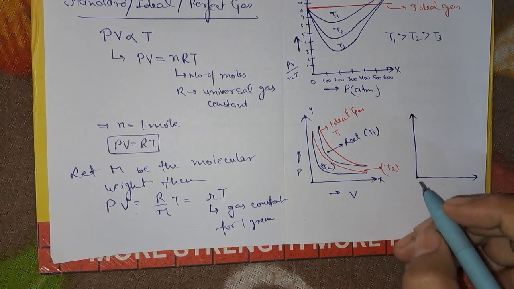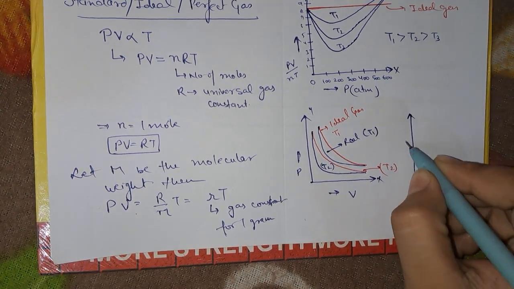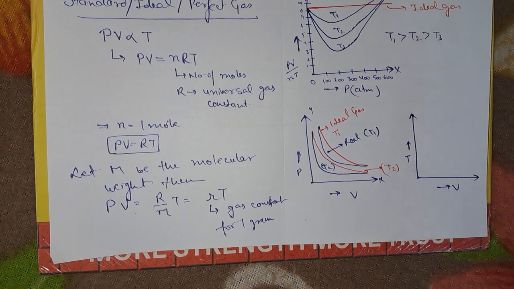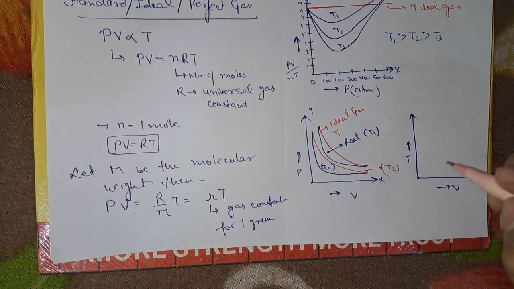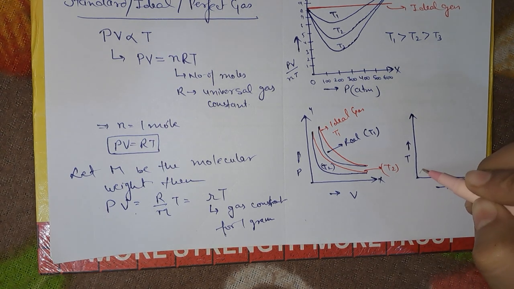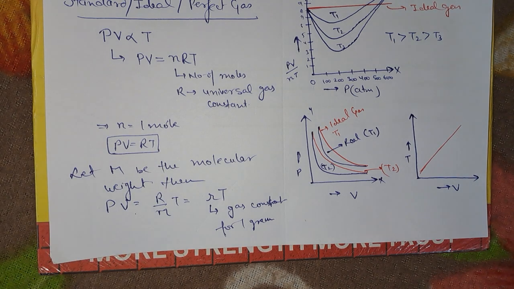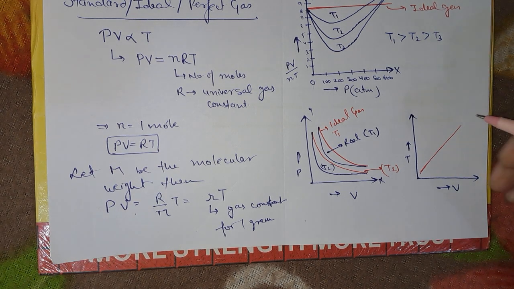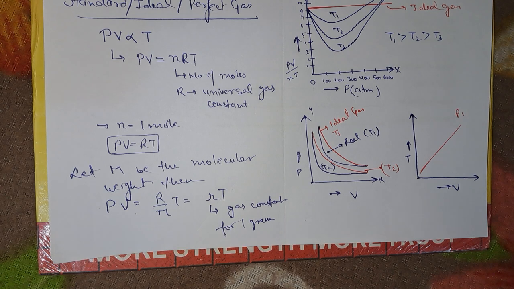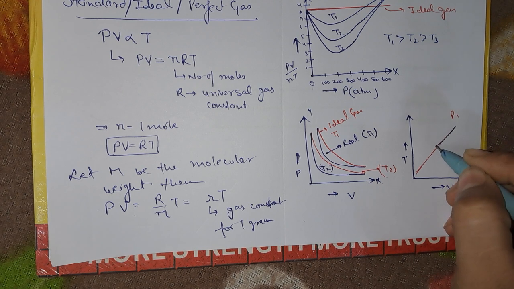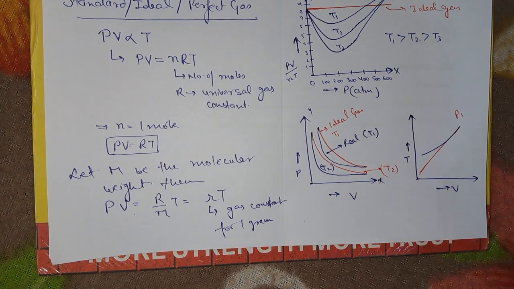You can see the difference between ideal and real conditions when the parameters observed are volume and pressure. Next we will discuss volume and temperature. For the ideal condition, at any pressure P1, since pressure is kept constant, the real condition would be like this.